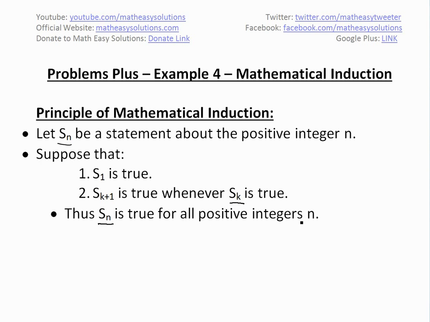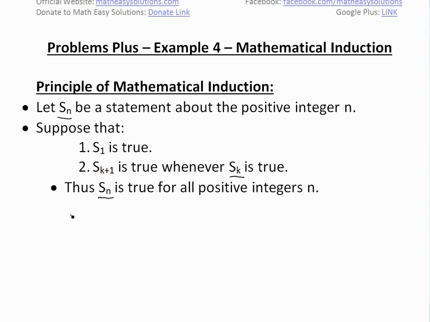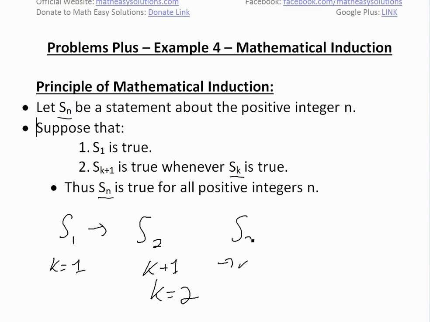So what this means is, if you have an S1 value and this first one is true, and the second statement is correct, then S2, which is k plus 1 with k equal to 1, is true. Now with k equal to 2, S3 is k plus 1, that's 3.